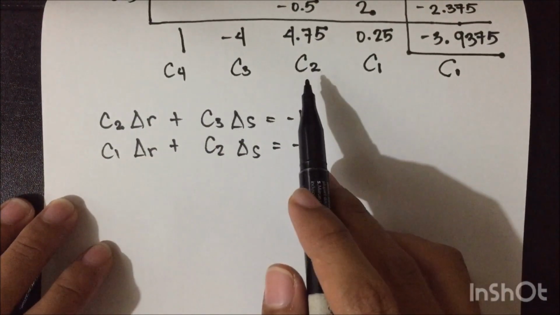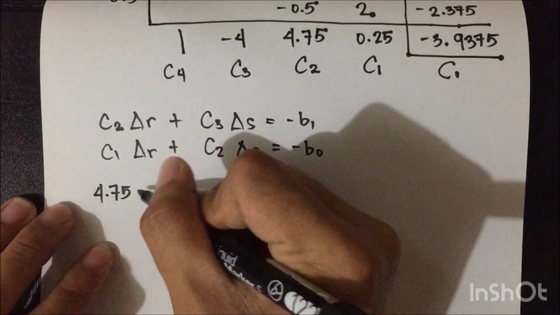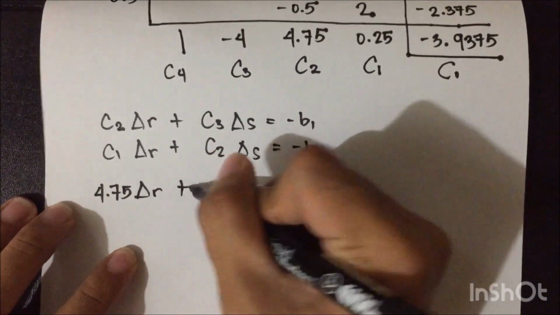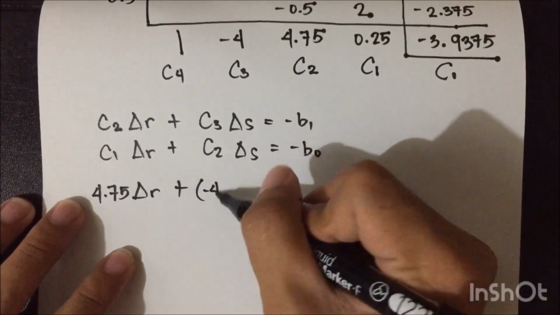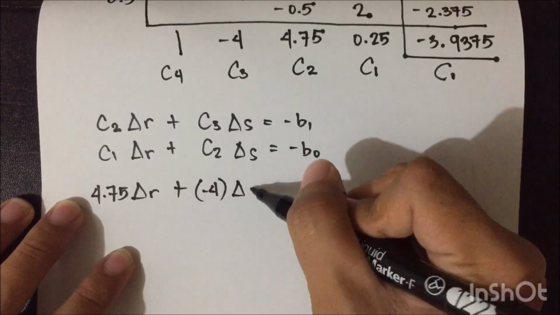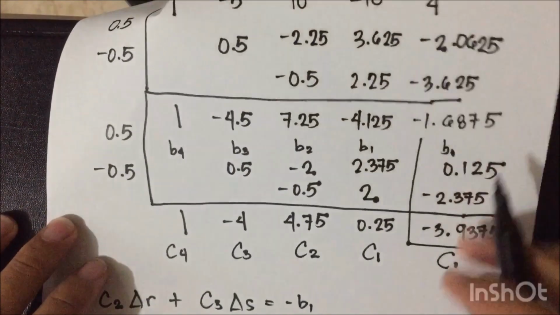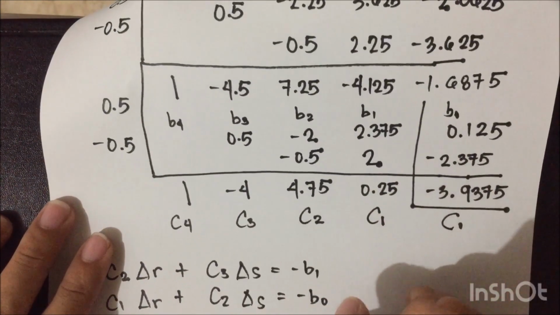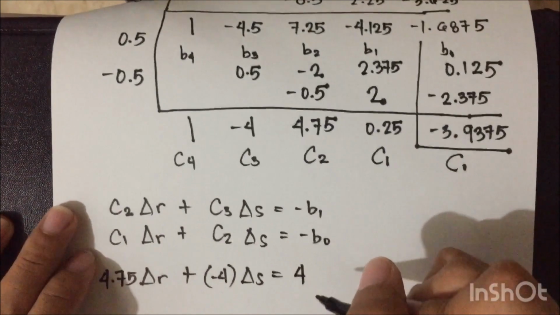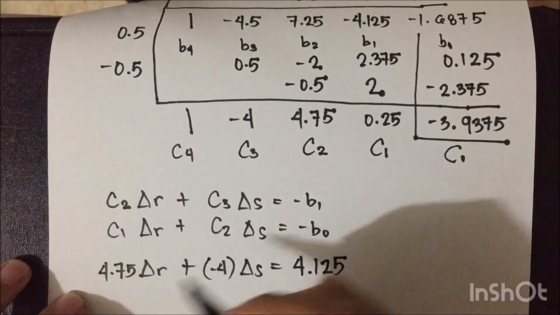So, C sub 2, meron tayong 4.75 delta R plus C sub 3, so negative 4 delta S is equal to negative B1. So, ang B1 natin is negative 4.125, so magiging positive na yan. Magiging 4.125.